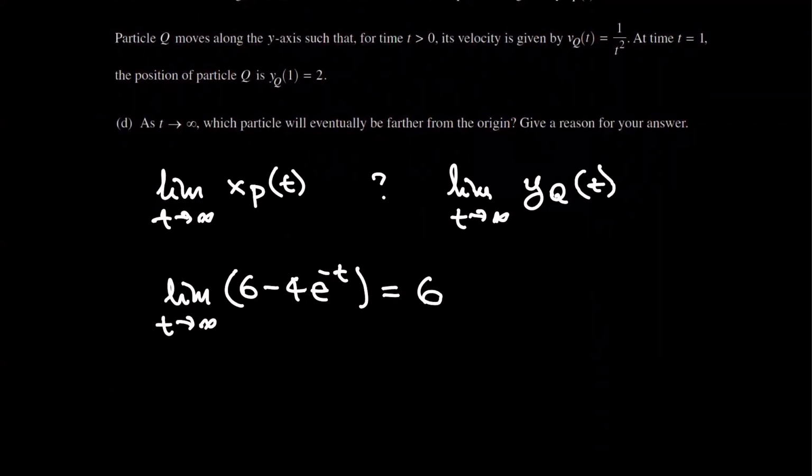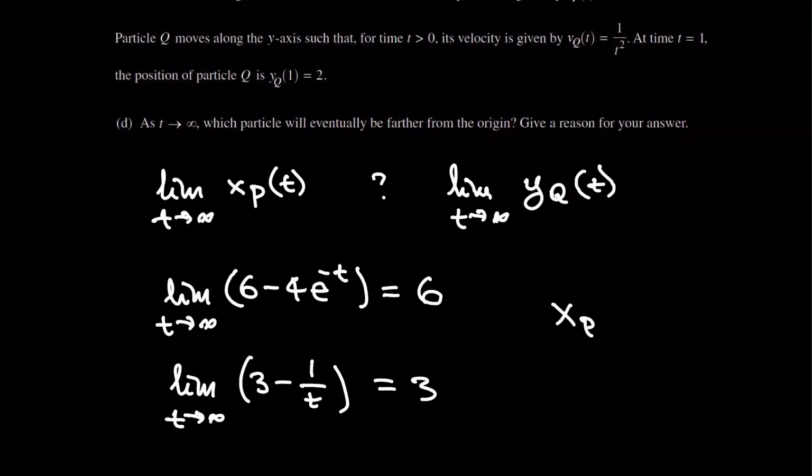Then the limit as t goes to infinity of what we just found, 3 minus 1 over t: 1 over t goes to 0 as well, so it goes to 3. So we can see that x of p is going to be farther from the origin. The limit of x of p as t goes to infinity is greater than the limit of y of q. So particle P will be farther.